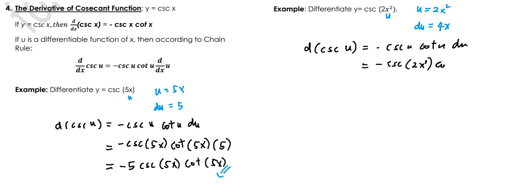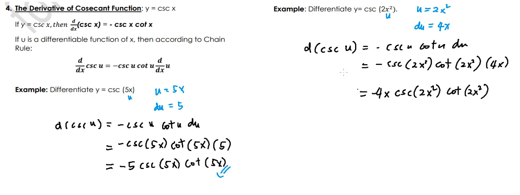Then cotangent u, our u here is 2x squared again, and du is 4x. Then let's write it: negative 4x cosecant 2x squared cotangent 2x squared. So that's it. That's our derivative.